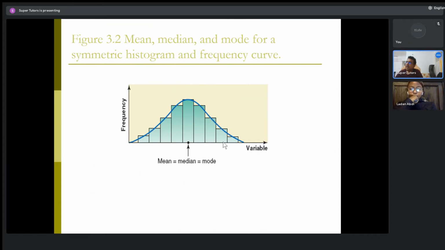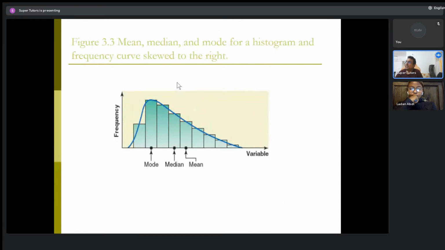Now, when you have something which is skewed, can you tell me whether this is skewed to the right or the left? The right. Absolutely, because you have smaller bars on this side, as we learned earlier. So in this case, the mean is greater than the median, which in turn is greater than the mode. The mode is the leftmost, then comes the median, then comes the mean.